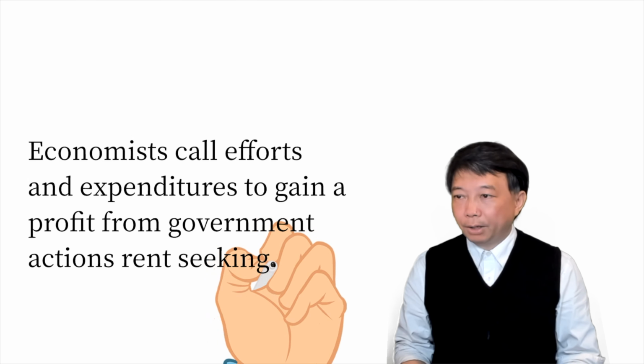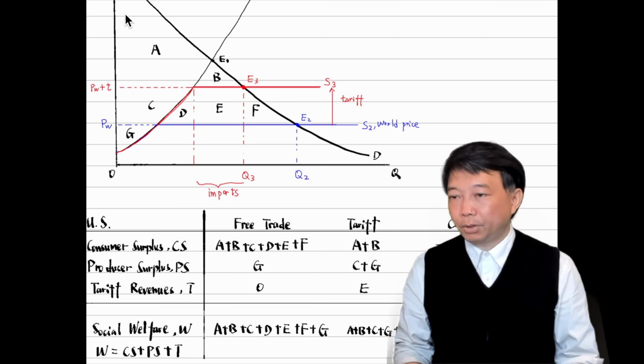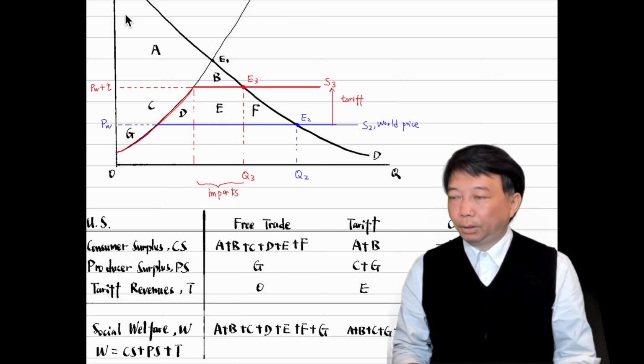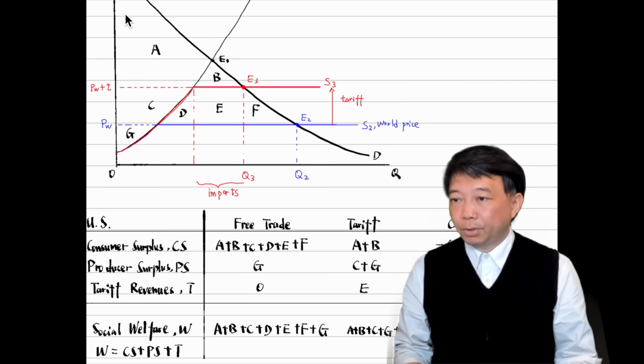Here, the rent refers to extra benefits, like the extra producer surplus or additional profits from tariff policies. It is the area C in the graph. If the lobby expenditures come from the rent, this extra producer surplus cannot be used for firms' reinvestment.